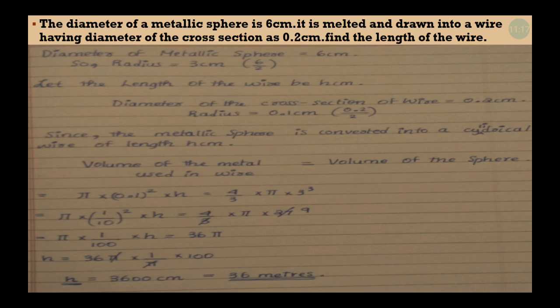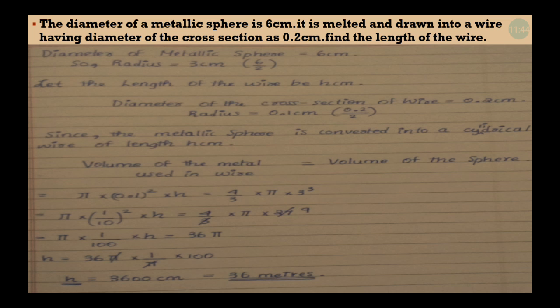Diameter is 6 centimeter, so radius is automatically 3 centimeter. The length of the wire we take as h centimeter. The diameter of the cross section of the wire is 0.2, given in the problem, so radius is 0.1. From that we are getting the values for radius.